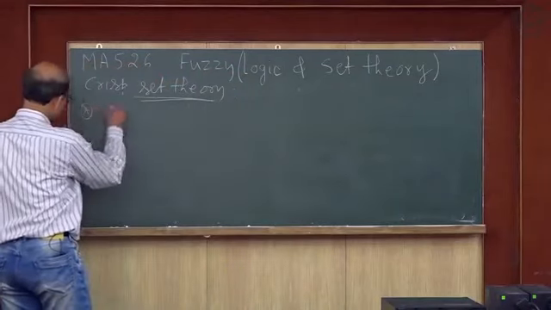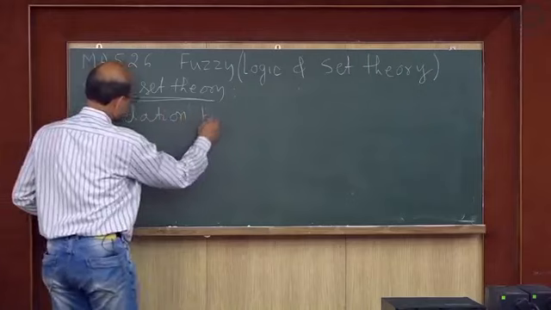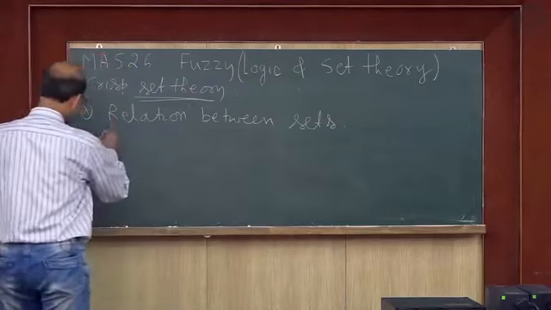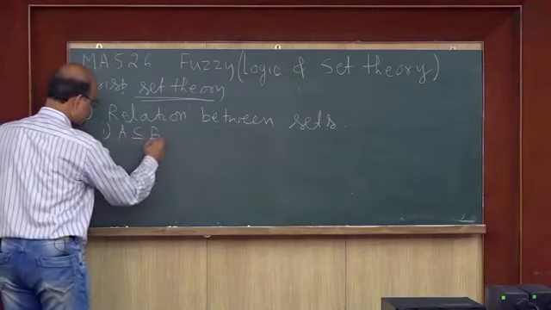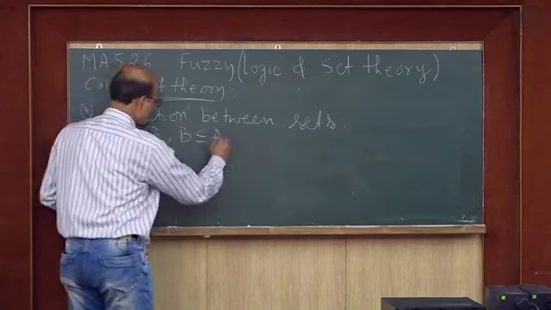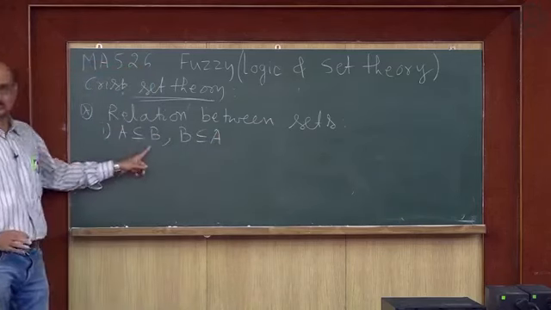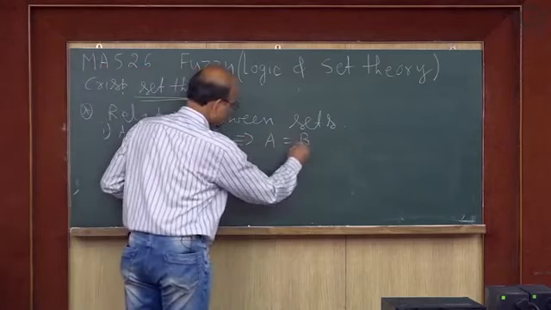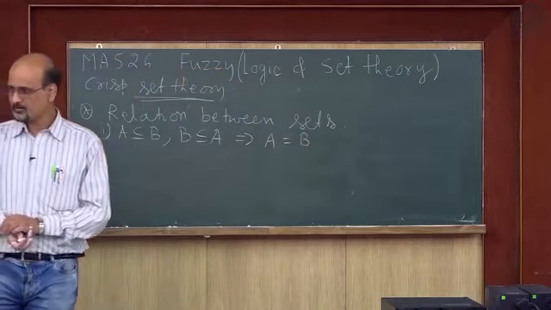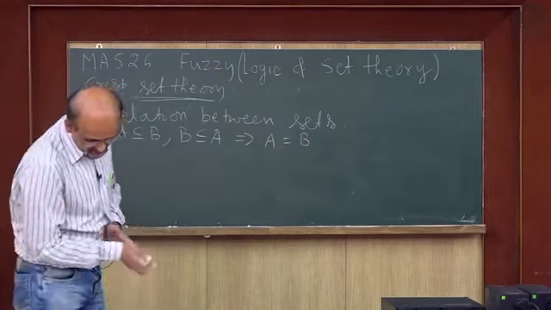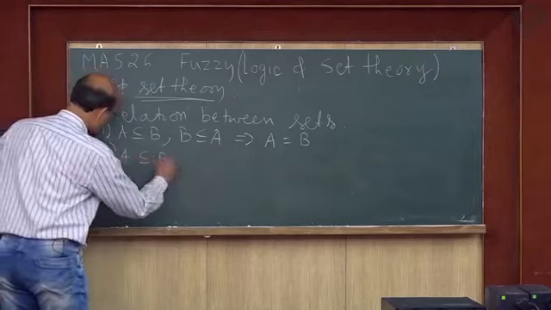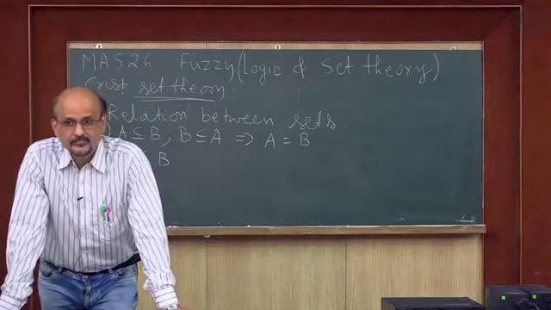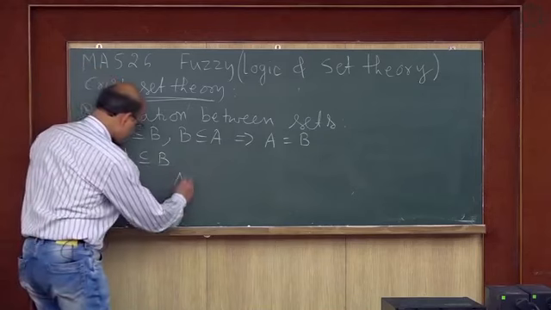Now, relations between sets, those are very simple things, but what are the relations that you know? First is that already you know, very simple: if A is a subset of B and B is a subset of A, I hope you know what is A subset of B, then we write A is equal to B. Similarly, we have A proper subset of B. When will we have A proper subset of B?